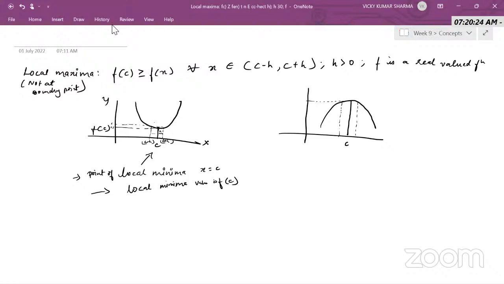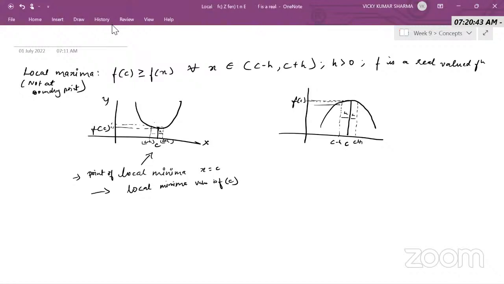Okay, so now you see this. This is going to give me f of C value. If this is my h and this is another h, then this is going to be C minus h, and this can be C plus h, right?